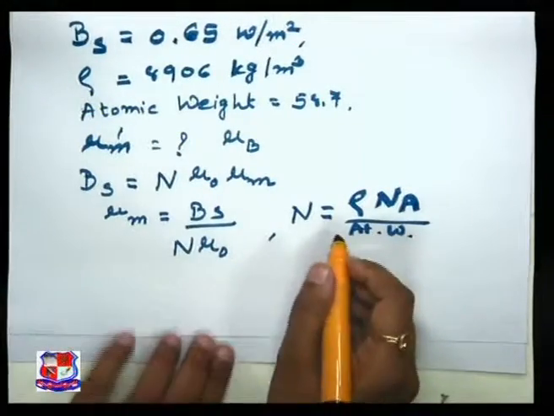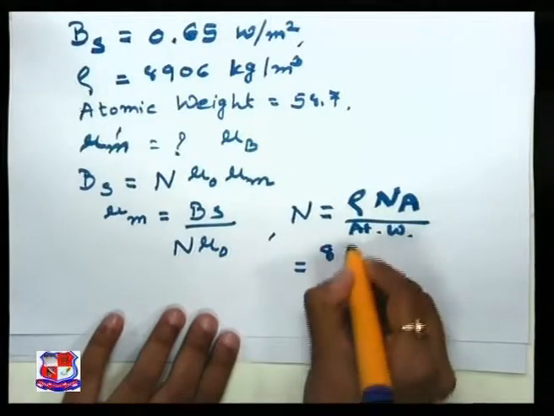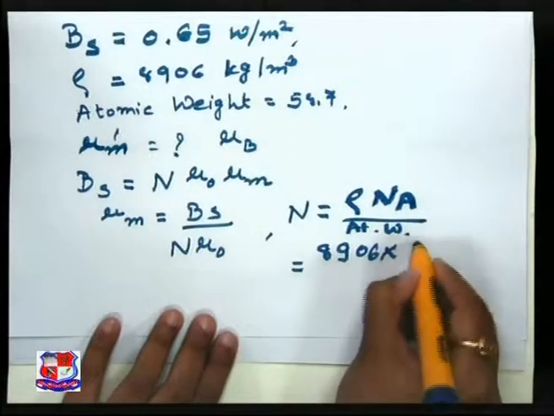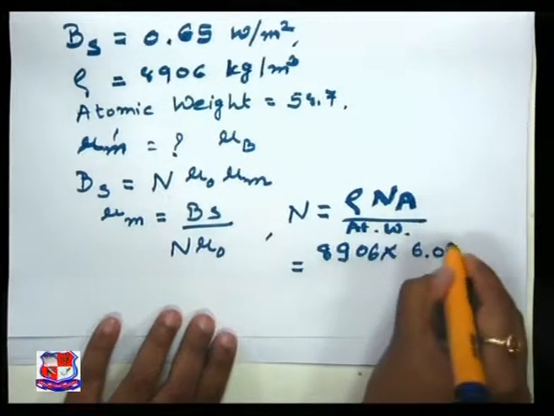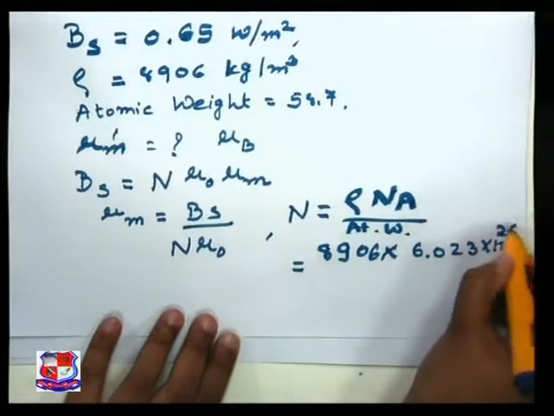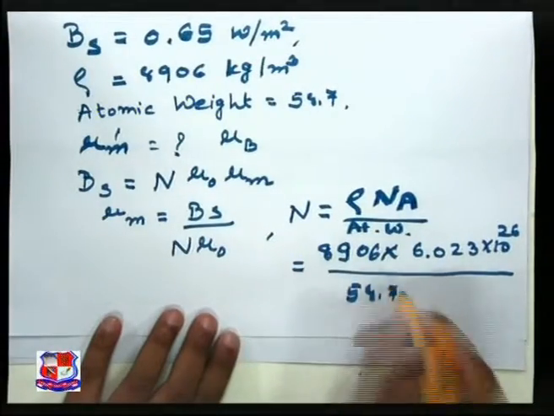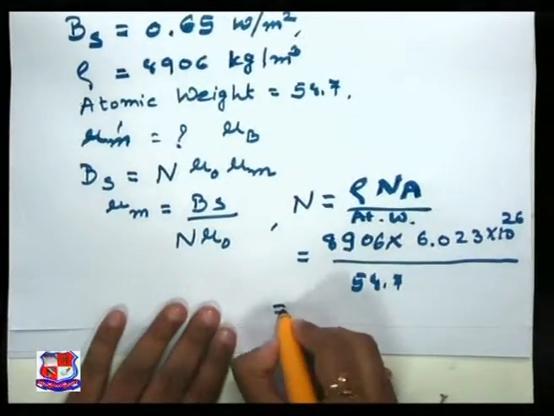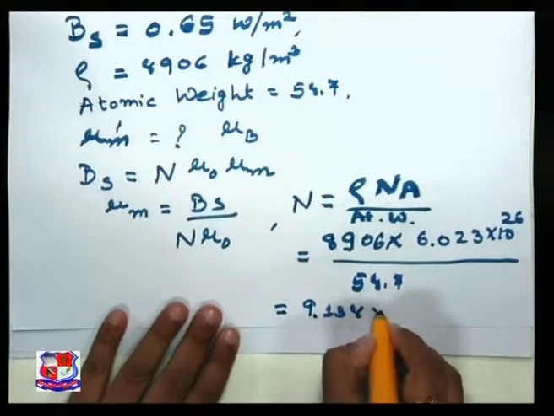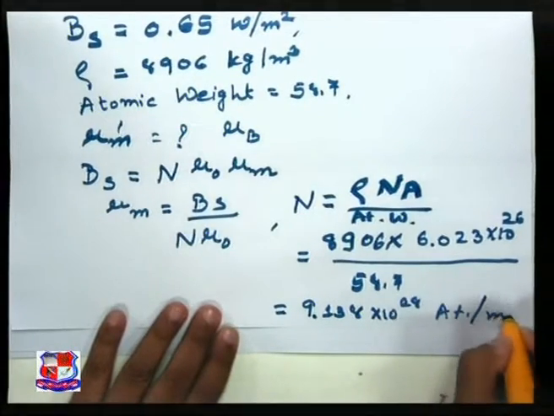It is 8906 multiplied with the Avogadro number, 6.023 into 10 raised to 26, divided by the atomic weight of nickel, 58.7. So capital N is equal to 9.138 into 10 raised to 28 atoms per meter cube.